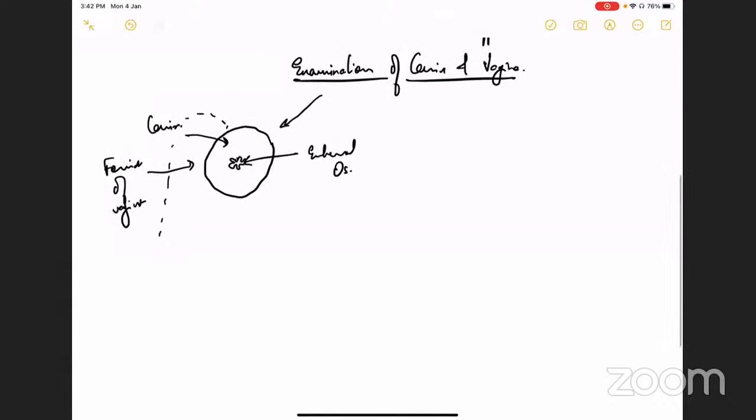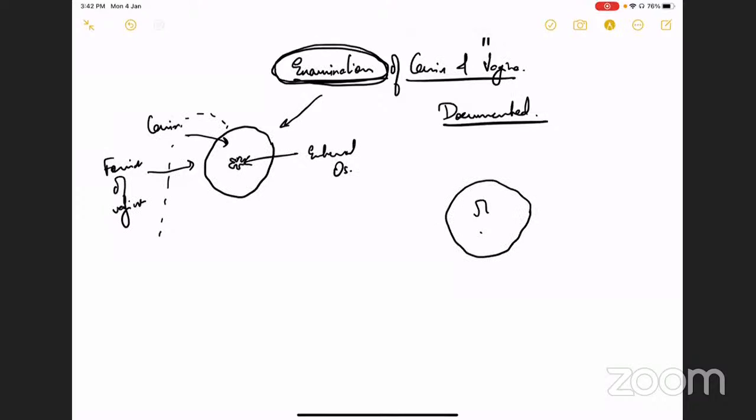But please note down this point: you should never treat an abnormal vaginal discharge without examination of the cervix and the vagina. This has to be documented by all of you. Quite a lot of times the commonest thing seen is this. If I draw the cervix this way, the external os is going to be very haphazard, and there are going to be patches of inflammation and infection.